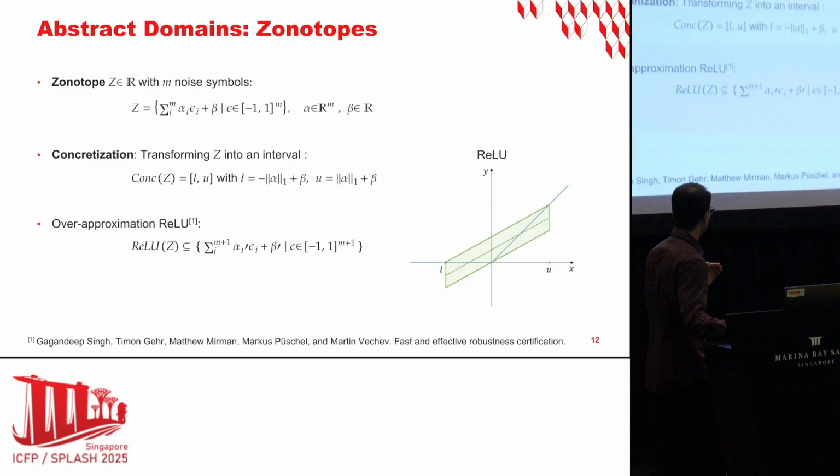So for the zonotope approximation of the ReLU, you need to add a new dimension to your hypercube, and you have new alpha prime and beta prime, which depend on the lower and upper bound of the concretization.